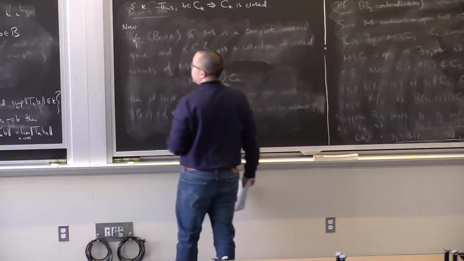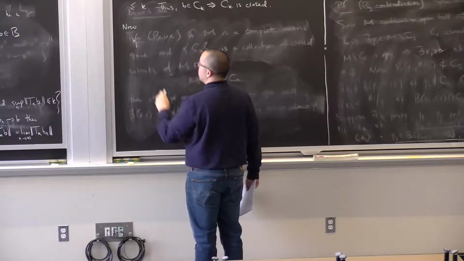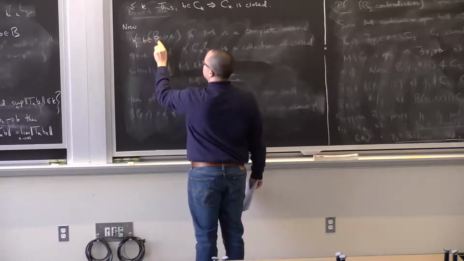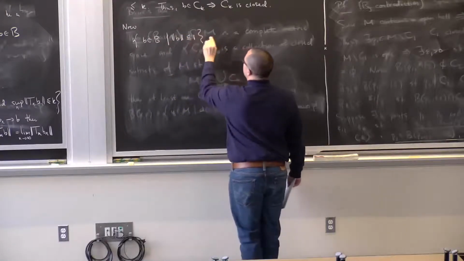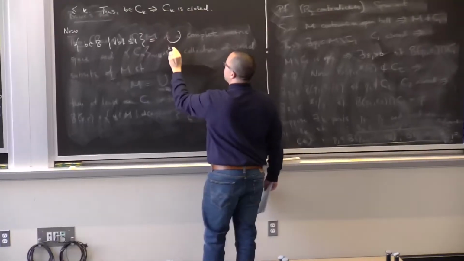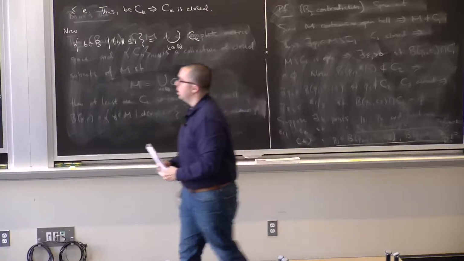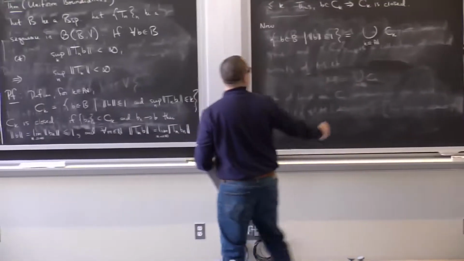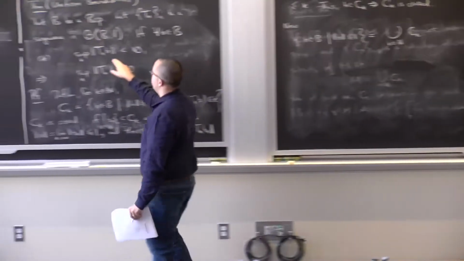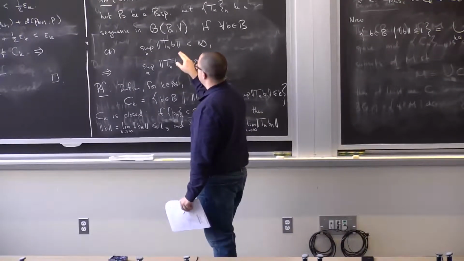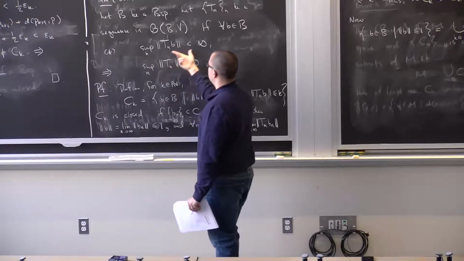Now, the closed ball, not the closure of the open ball, but the closed ball of b in capital B such that the norm of b is less than or equal to 1, is equal to the union over all k of C_k. Why? First off, each of these is contained in this closed ball, but I'm assuming by star that no matter what b is in the Banach space, the sup over n of these is less than infinity.